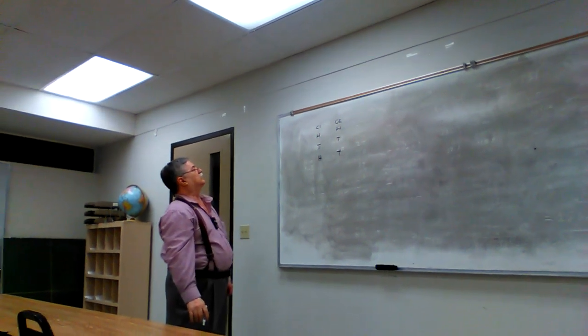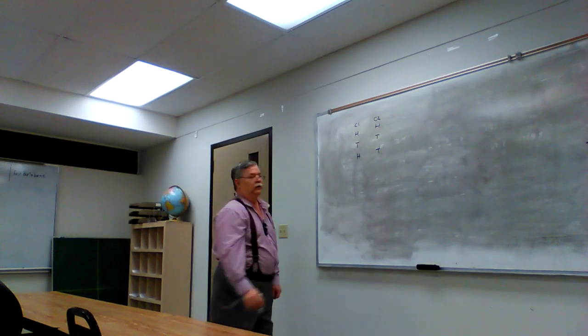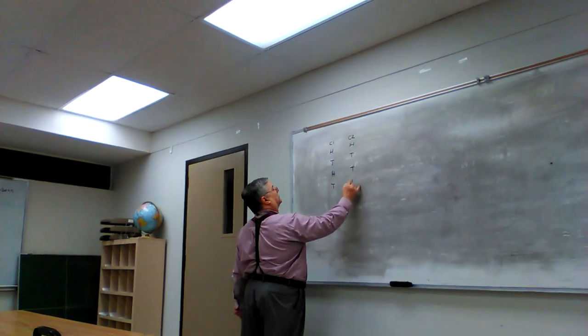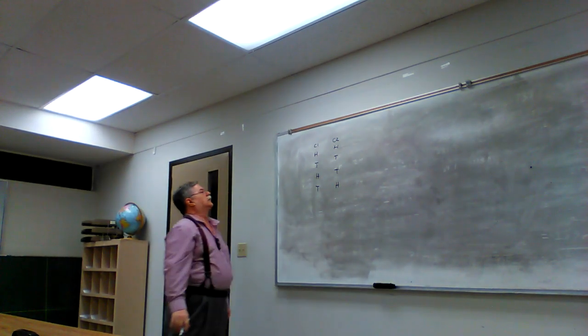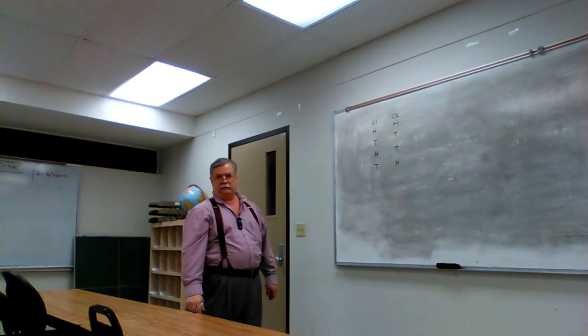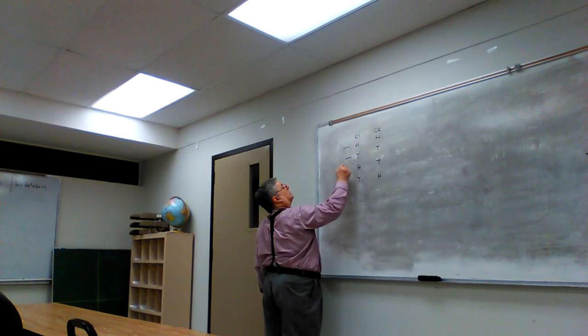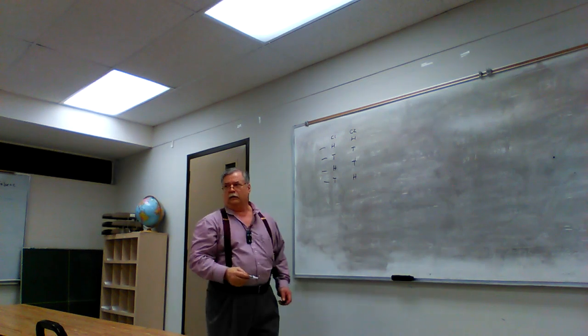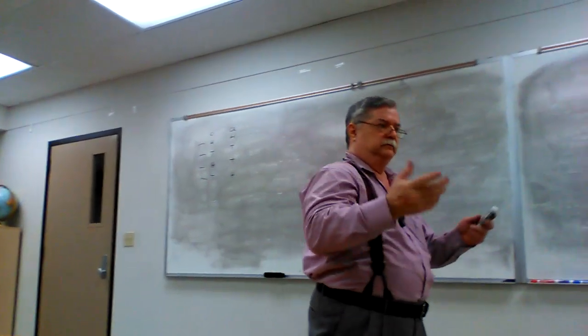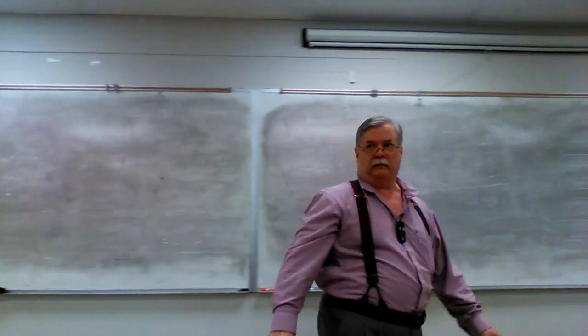That one could be heads, and the second one could be tails. That one could be tails, and that one could be heads. There are 4 possible outcomes, so it has a sample space of 4.